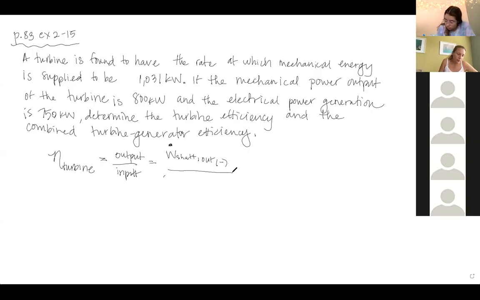And our input for the turbine is going to be our energy over time of the fluid flowing through the turbine, so the mechanical energy over time of that fluid. So our output this time is work, and our input is energy of the water flowing.